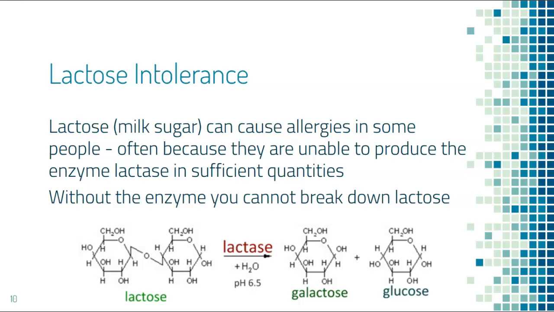And if you can't break it down, your body does not like that, and it makes you really sick because it's too big of a sugar and you can't use it. So it just exists until you get it out of your body. Those that are not lactose intolerant have a sufficient amount of lactase, which allows you to break down this milk sugar into the usable forms, galactose and glucose, which is what your body wants.